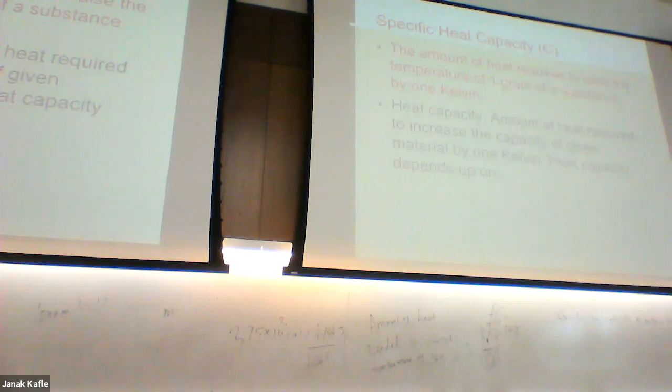So per degree centigrade, meaning that if I take 1 kg of water and I want to increase the temperature of the water by 1 degree centigrade, I need to supply 4200 joule of heat energy there. Make sense? Like that. Good.